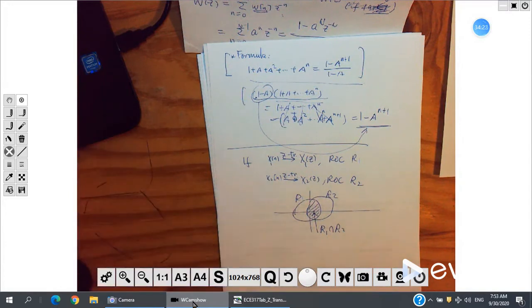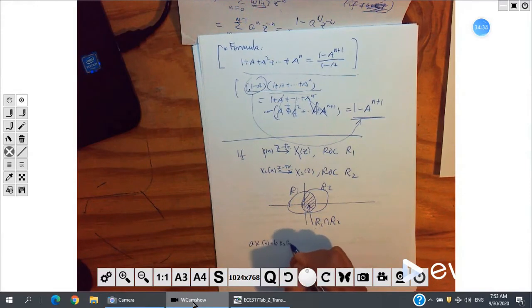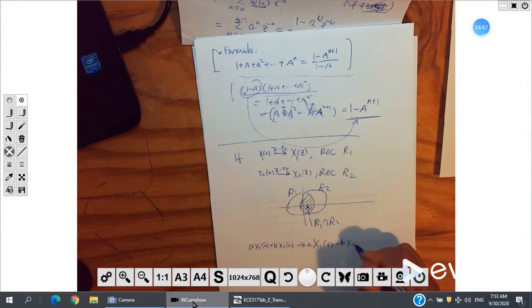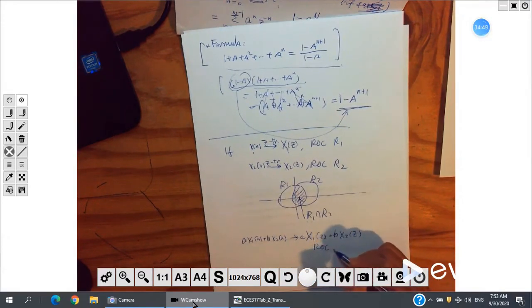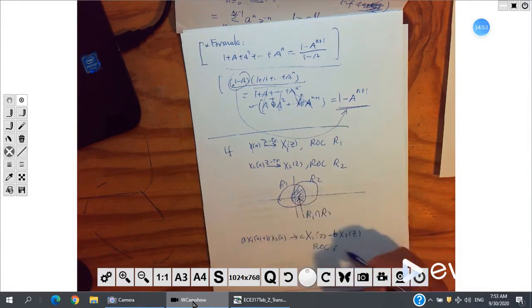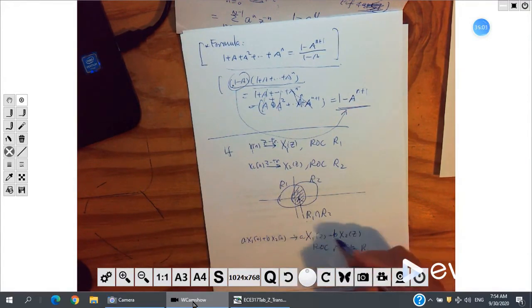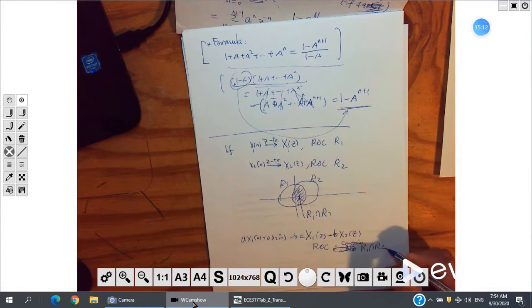So a x1 of n plus b x2 of n goes to a X1 of z plus b X2 of z, and the ROC needs to contain R1 intersection with R2.